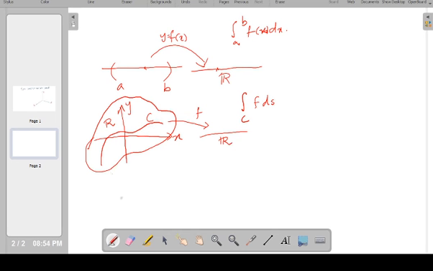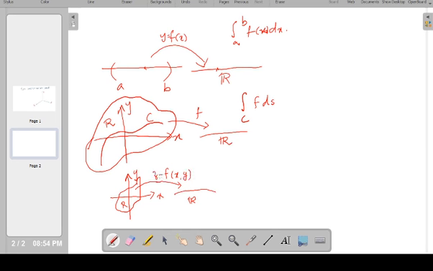Okay. Next, suppose you have the xy plane. This is the x-axis, this is the y-axis, and suppose I have a region R. This is R, and I have a real valued function f. This is the real line. So the function f is a function of two independent variables x and y, so f of x comma y.